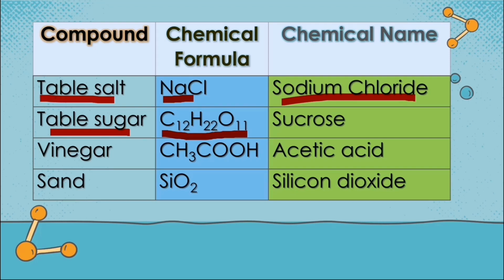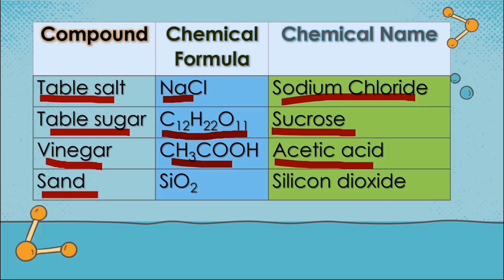So, we have carbon 12, hydrogen 22, oxygen 11. So, C12H22O11 is sucrose. Next is vinegar. Vinegar is also a pure substance. The chemical name is acetic acid. Ang sand, silicon dioxide. Okay? So, these are the examples of compounds. So, there are a lot of compounds, class.